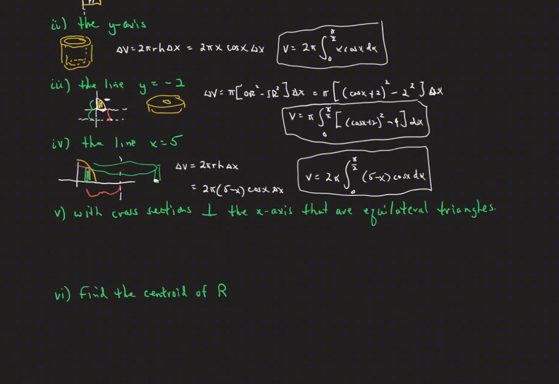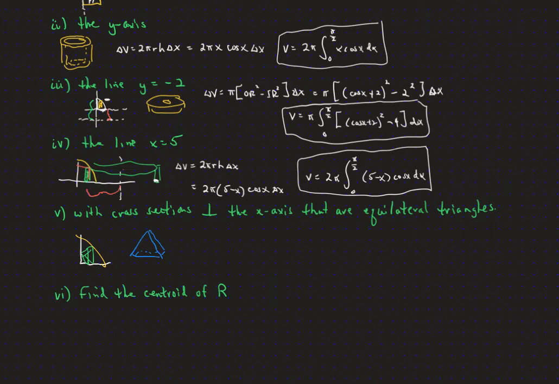And the next one, we're going to take cross sections perpendicular to the x-axis that are equilateral triangles. So we're going to take a little section right here, and we're going to get an equilateral triangle. So I'm going to redraw that over here. Here's our equilateral triangle.